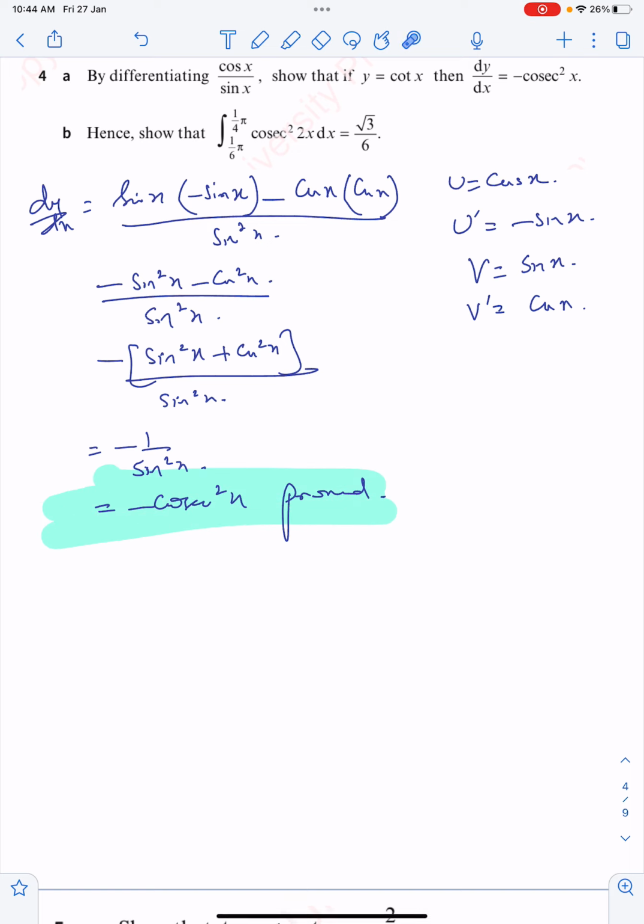Now they are saying hence show that the integration of cosec square 2x is equal to this when you apply these boundaries. Okay. Now we know that if y is this, dy by dx is this. So if I just write it down, integration of negative cosec square x dx is equal to cot x.